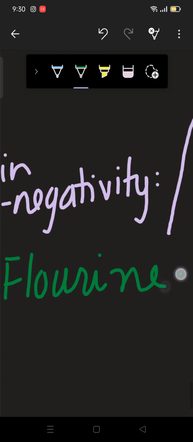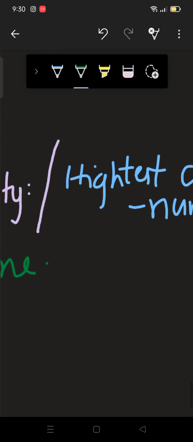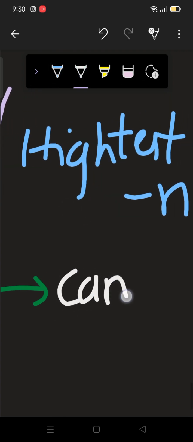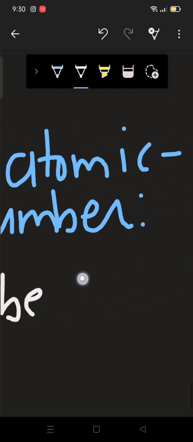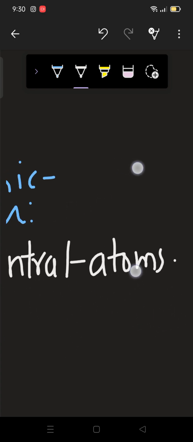These are the only two atoms which cannot be your central atom. I must write here, cannot be central atoms. So hydrogen and fluorine cannot be central atoms at all.